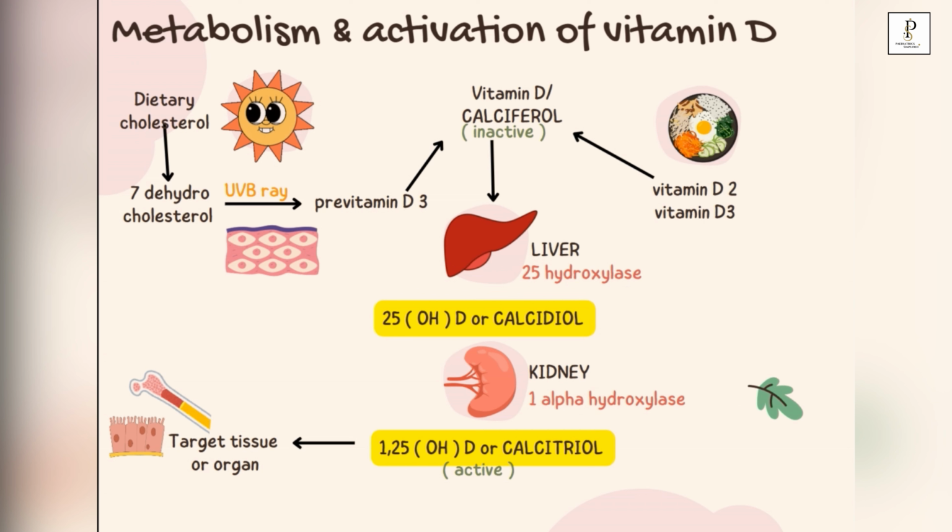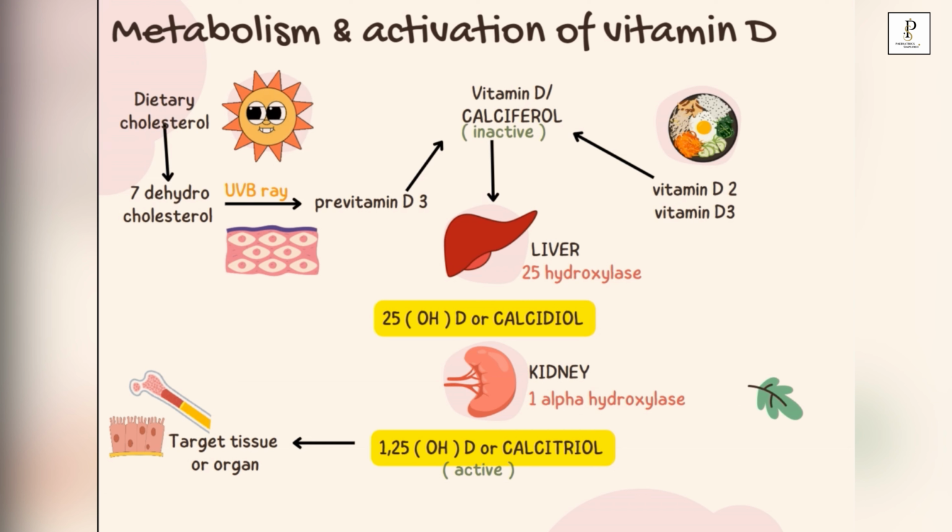And the process of activation involves hydroxylation and it is a two-step process. The first step of hydroxylation happens in the liver with the help of an enzyme called 25-hydroxylase. This converts vitamin D or calciferol into 25-hydroxyvitamin D, the other name of which is calcidiol. It is called calcidiol because it has two hydroxy groups.